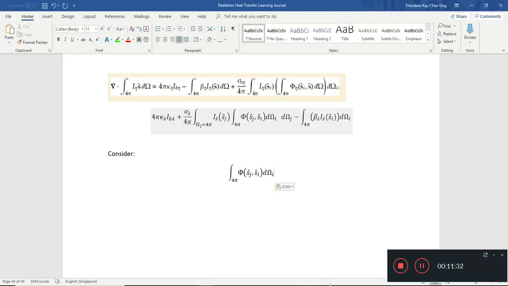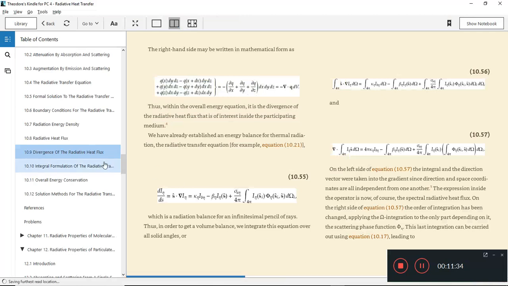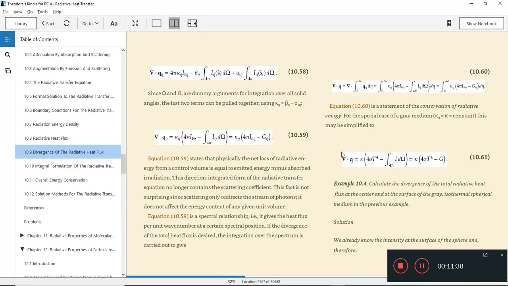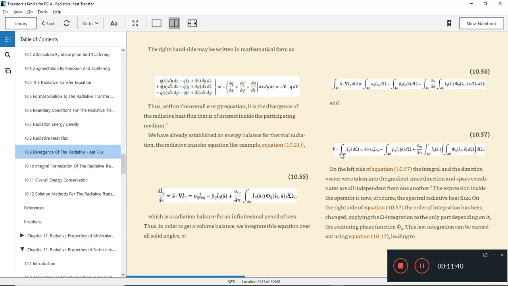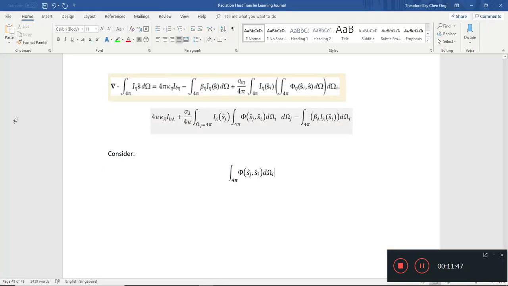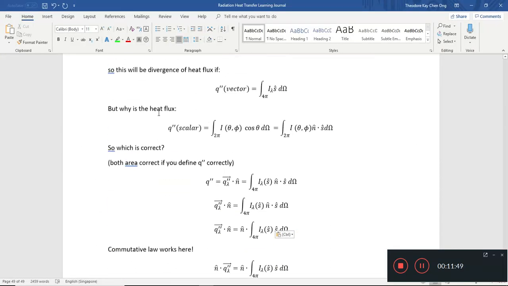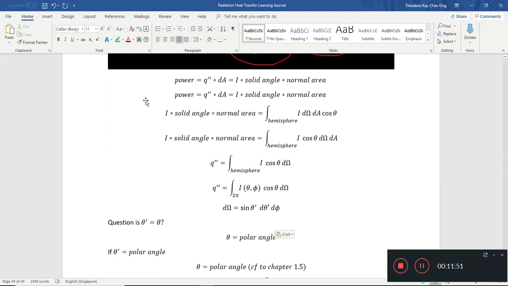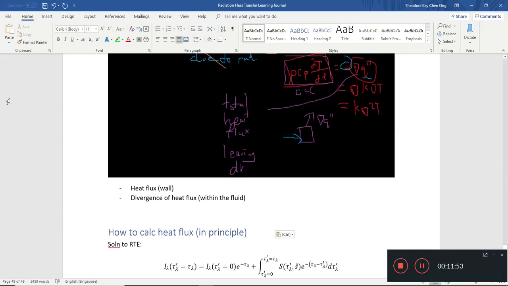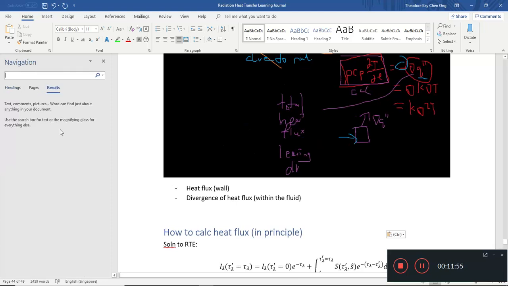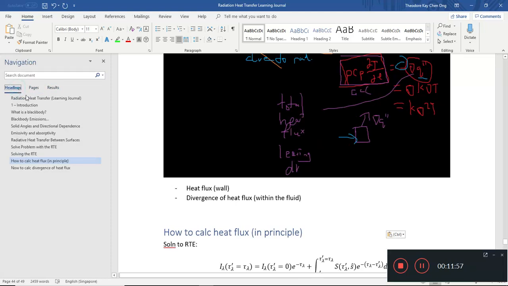So if we look at the definition of phase function, we have to go to our earlier bits.